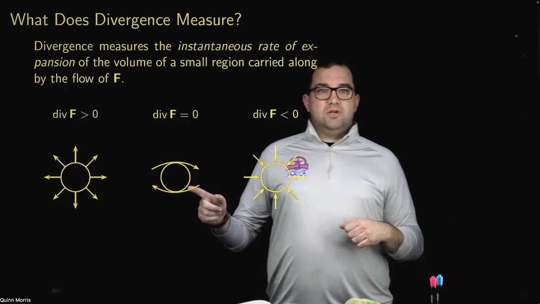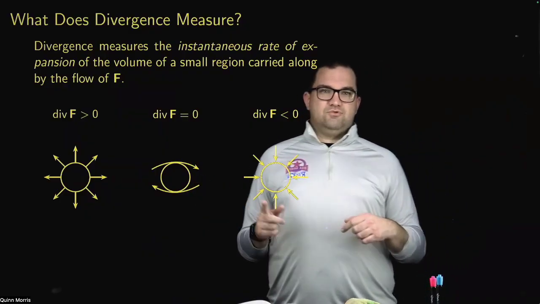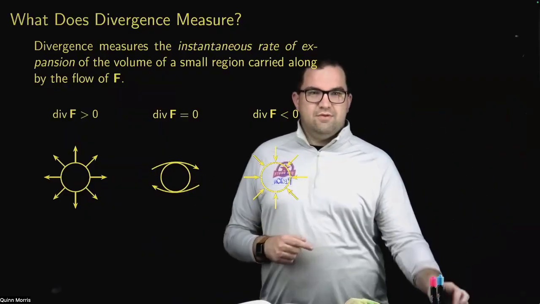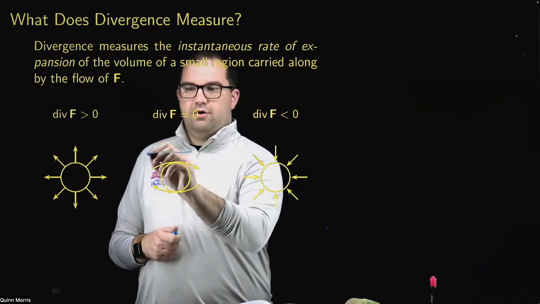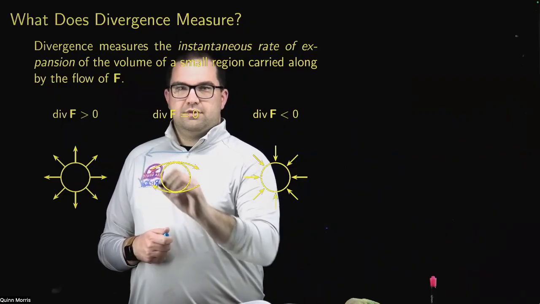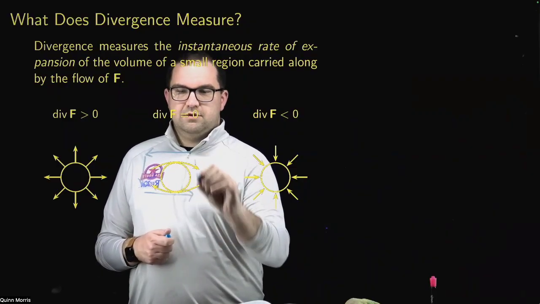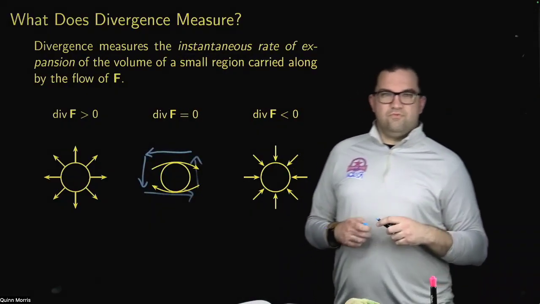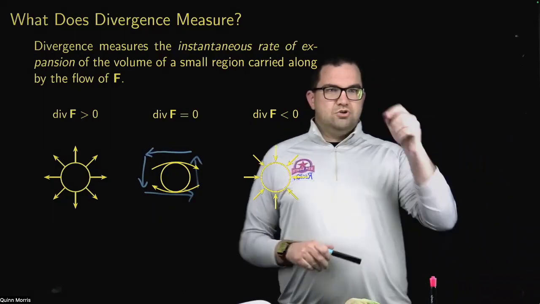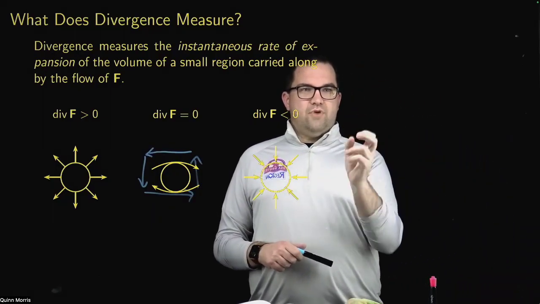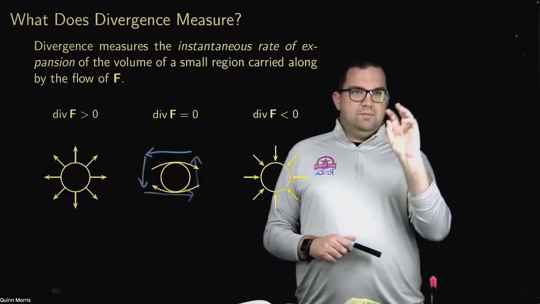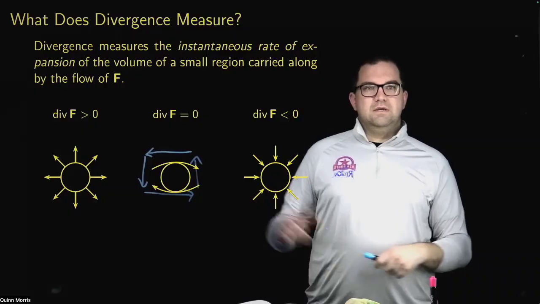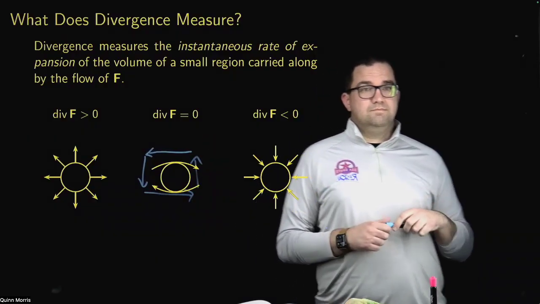Now, it's also possible that you're in a situation, and I've drawn these as curvy arrows, where you actually get this sort of rotation. You drop the droplet of food coloring in, and it doesn't change at all. Maybe it's just spinning around in place. That would be zero divergence.